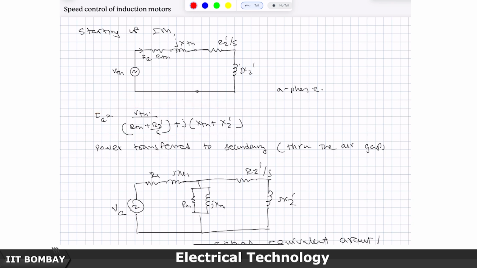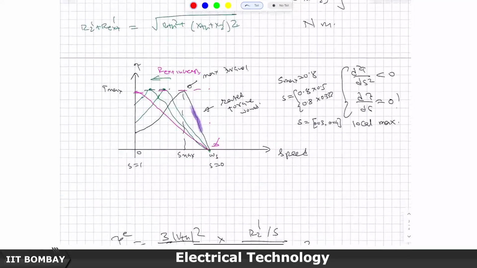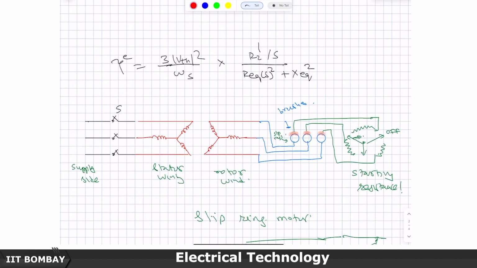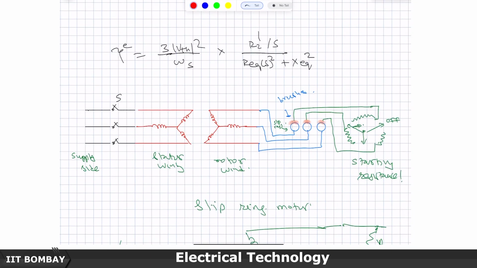So, I can reduce the starting current, I can increase the torque by having the R2 dash or the external equivalent circuit in place. And understand that the starting current may be 4 to 7 times the full load current. Why?